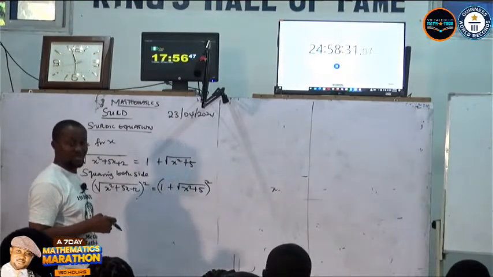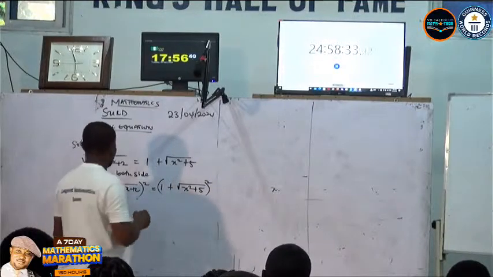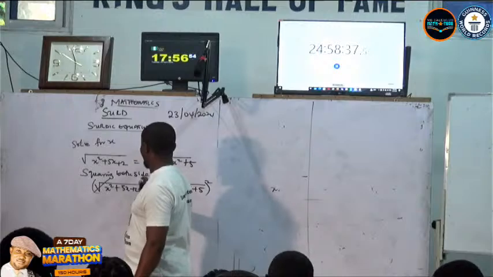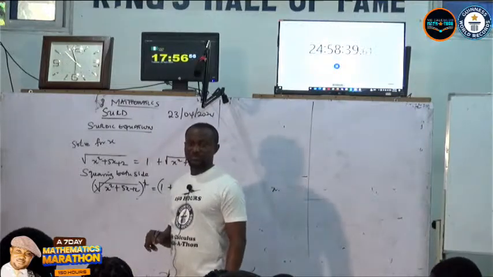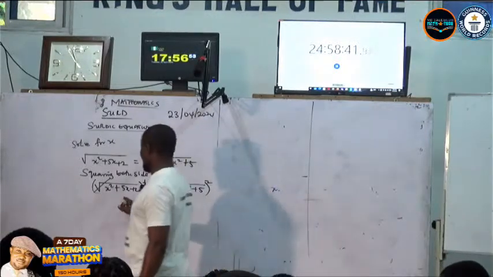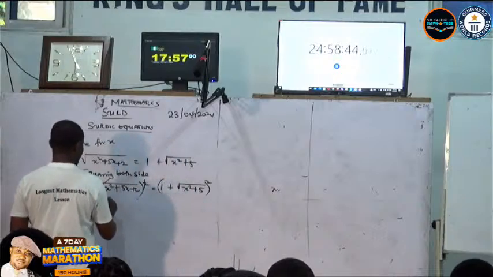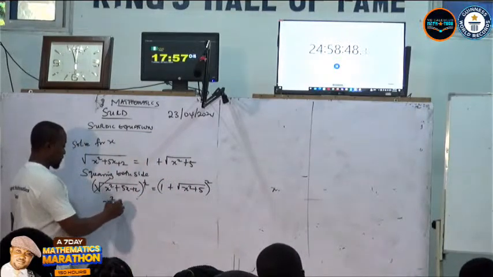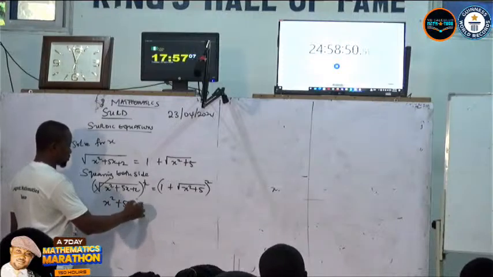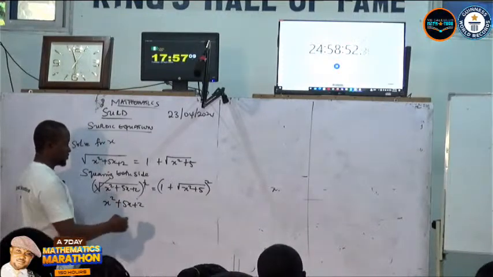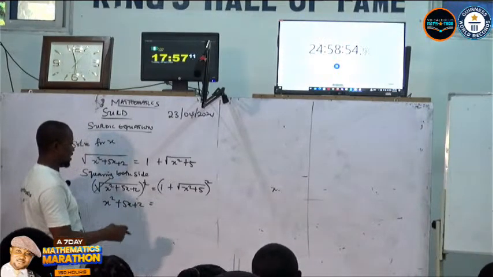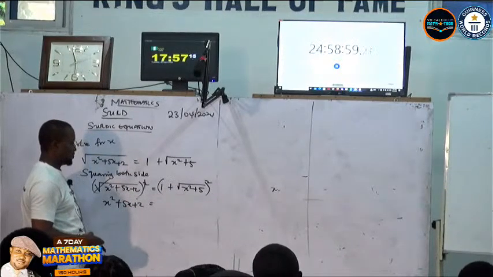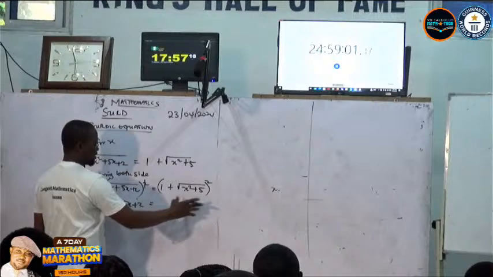And so by so doing, you can see with me that this square root here cancels out this root. So what is now left there will now be x squared plus 5x plus 2. Then at this side you are going to expand, because this square means make it 2.